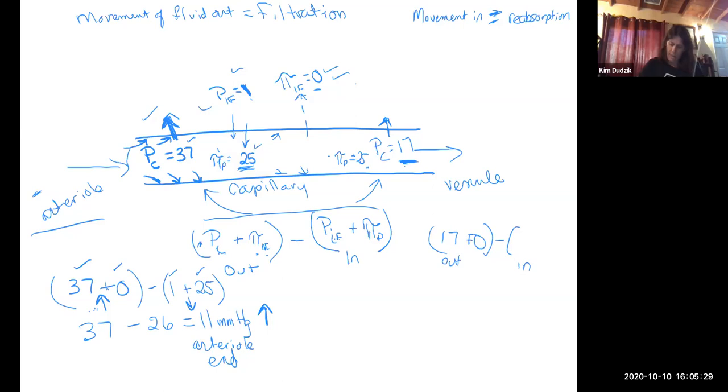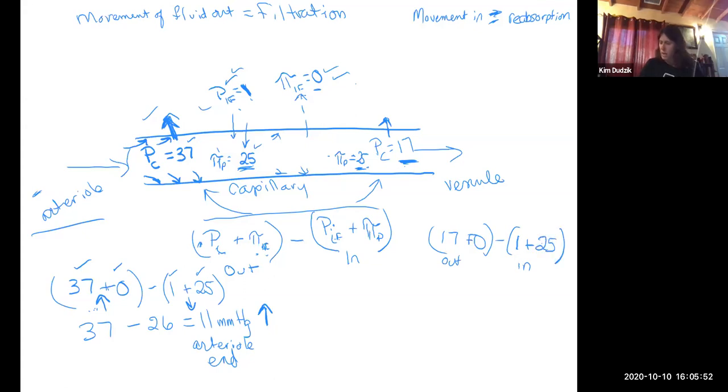Okay, and so we said that was the hydrostatic pressure of the interstitial fluid. That doesn't change. That's the same all the way around. And we're going to add to that the colloid osmotic pressure. That didn't change either.